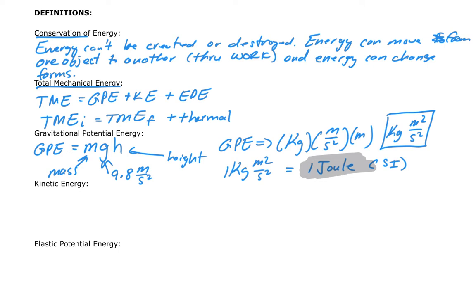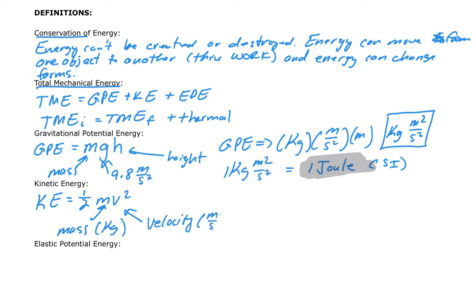All right, now we can talk about kinetic energy, because as an object falls, it loses gravitational potential energy and it's going to gain kinetic energy. We can calculate kinetic energy from an equation, 1/2 mv squared. Again, m stands for mass, measured in kilograms, and v stands for velocity, measured in meters per second.